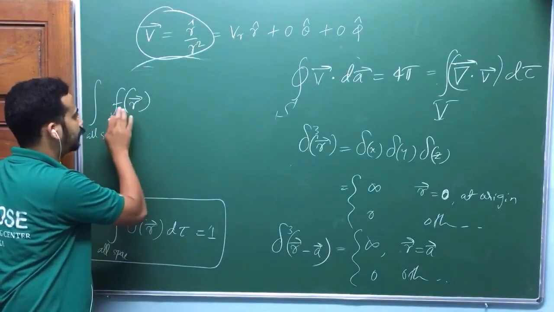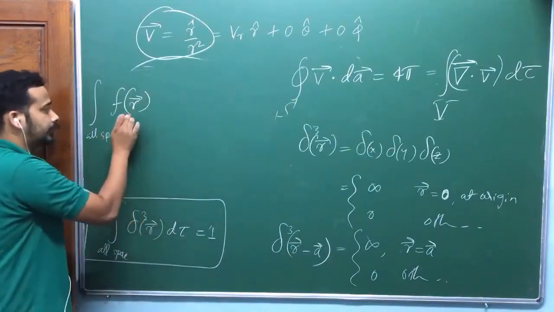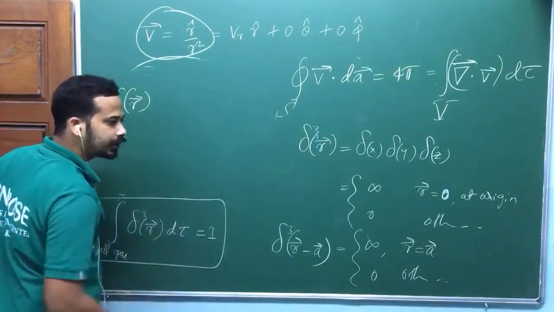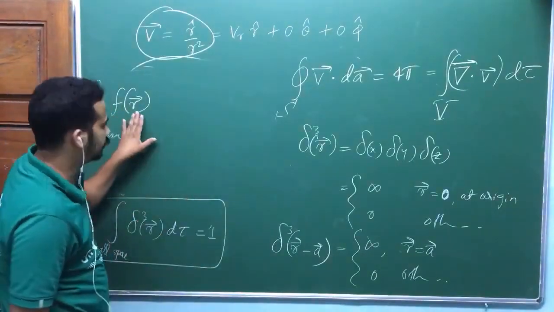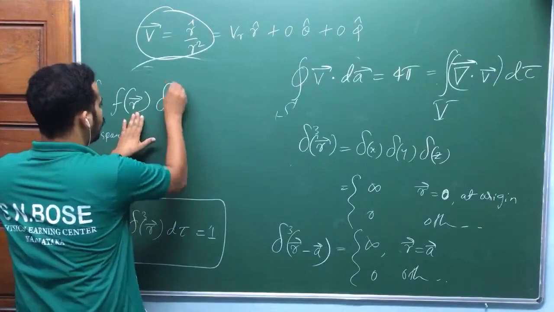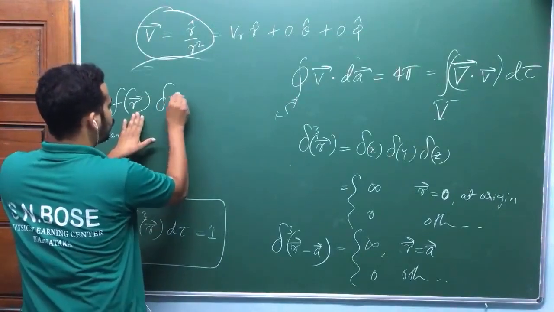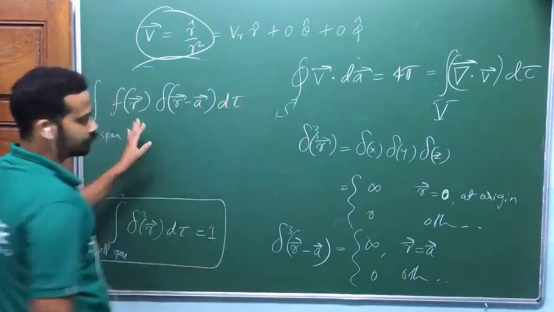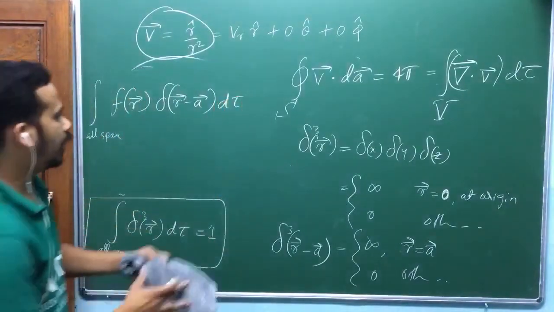This is a scalar only. You can write a vector also, but whatever I'm writing is a scalar function. Don't get confused if I write r vector; that means I'm referring to x, y, z, or r, theta, phi, or rho, phi, z here. Is that okay? f of r times delta of r minus a, d tau.